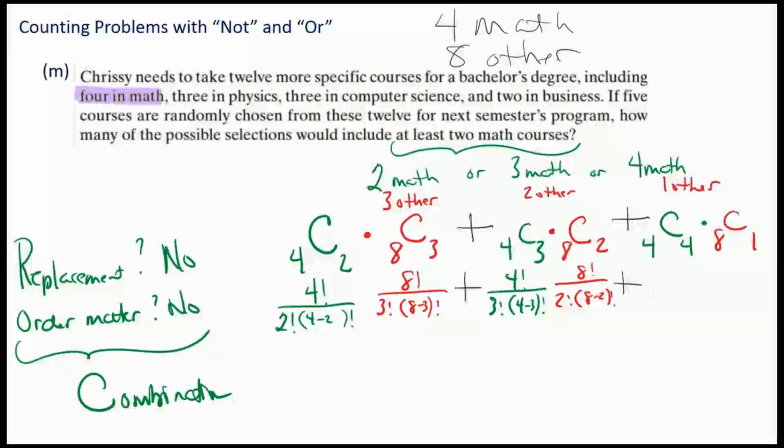Plus, at the end here, more math classes. I got 4 factorial over 4 factorial times 4 minus 4 factorial. And then in red, the non-math classes is 8 factorial over 1 factorial times 8 minus 1 factorial.